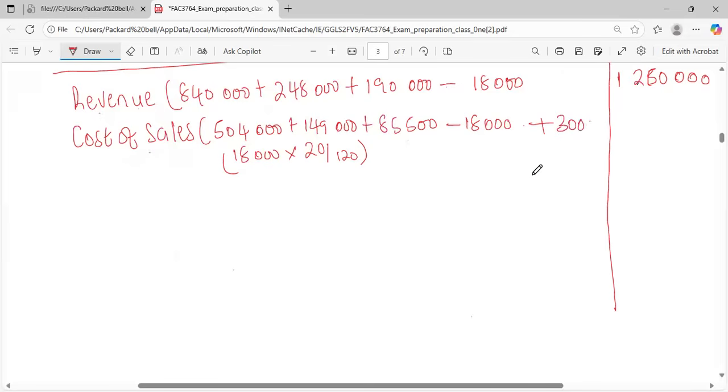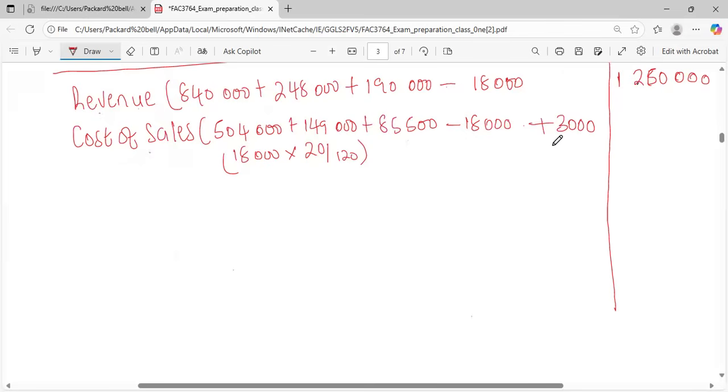I know in the exam there is no time for you to do the journals first, because sometimes they say you can put your journals as your calculations. But for journal entries, I think you should understand them.